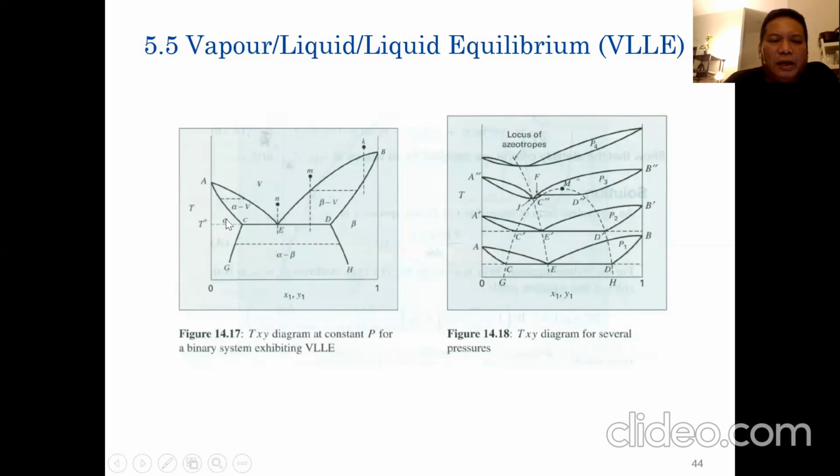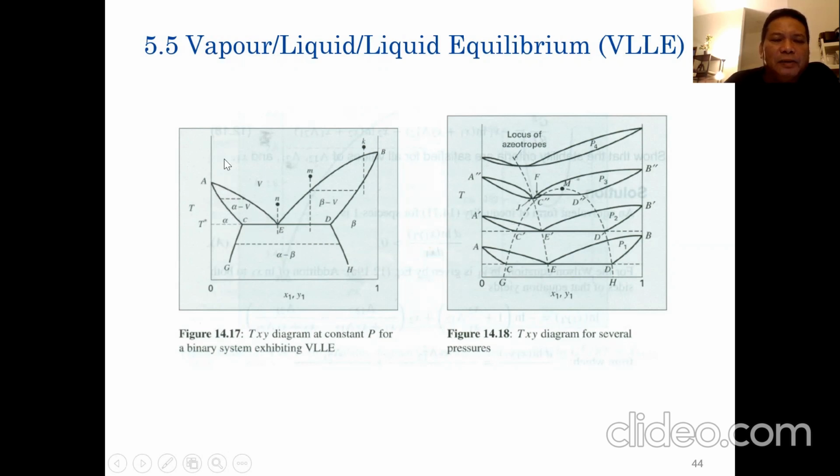This region here, alpha, is a single rich liquid form for species 2, denoted by alpha. This is the bubble point line, and this is the dew point line.